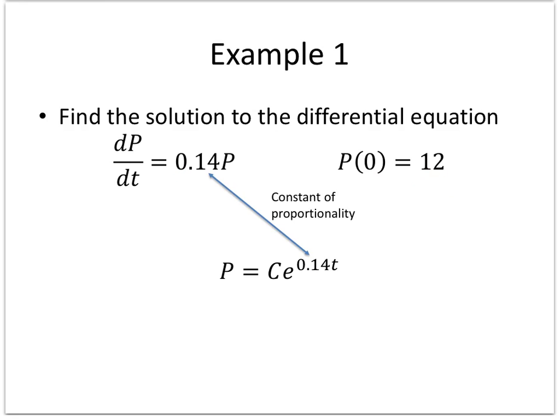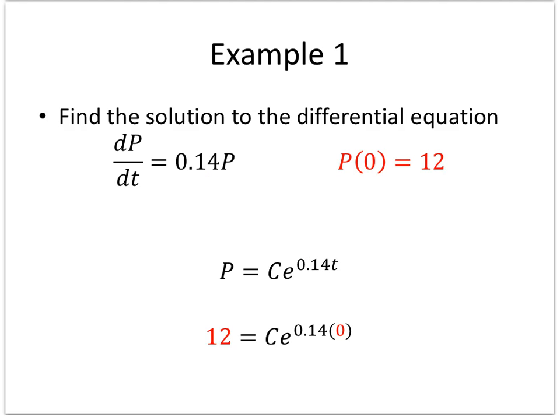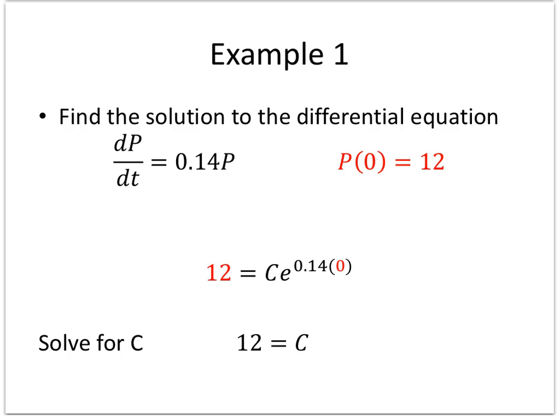It doesn't say what this is, but let's say it's population. My initial value at time equals 0 is 12. So then I just take this and solve it for C. This, of course, is going to be e to the 0, which is 1. So I just get C equals 12, and that becomes my value for C.